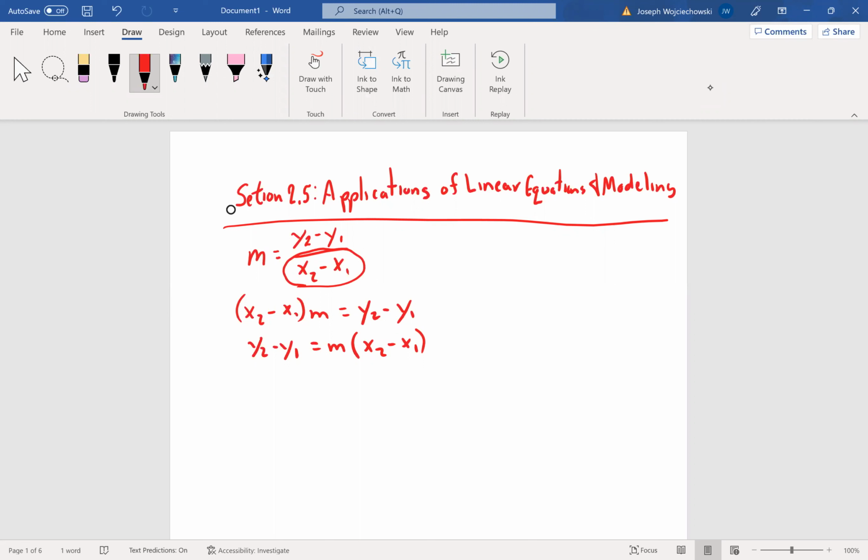So let's label point 2 as simply point x, y. So now I have y minus y1 equals m times x minus x1.